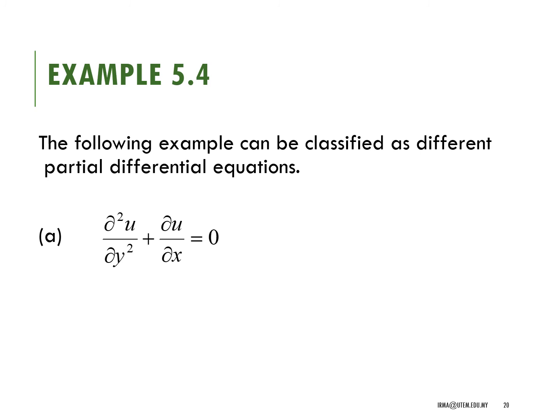So from here, since we want to have only A, B, C, we know that A is the coefficient for uxx, B is the coefficient for uxy, C is the coefficient for uyy. The first term here is uyy, so we will have C equal to 1.